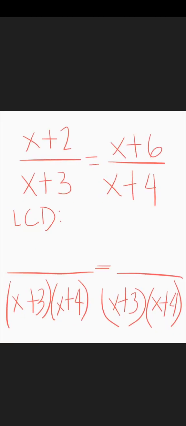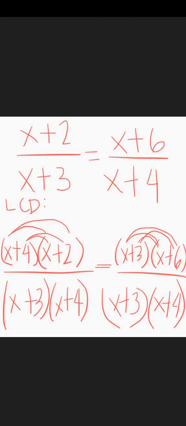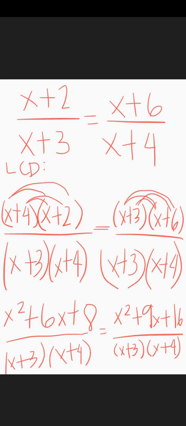Now the next thing we have to do is distribute, or the FOIL method. FOIL method: (x plus 4) and (x plus 2), then (x plus 3) and (x plus 6). That will become x squared plus 6x plus 8, because x times x is x squared, x times 2 is 2x, 4 times 2 is 8, and 4 times x is 4x.